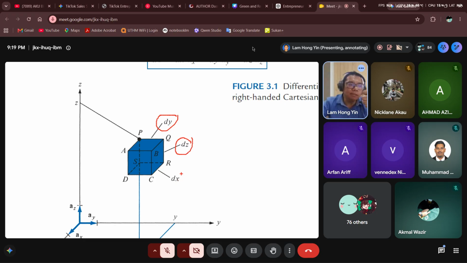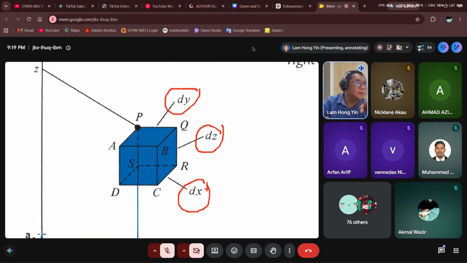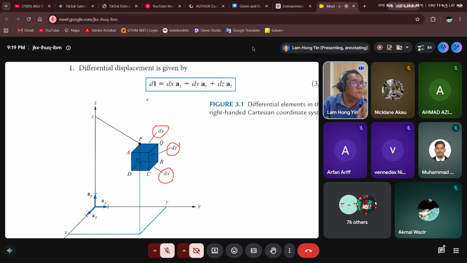If the x axis changes, you have dx. So the change of the length itself can be represented with dl, for example. dl is the change of the length, in which part they change, represented by the x-axis, y-axis, and z-axis.